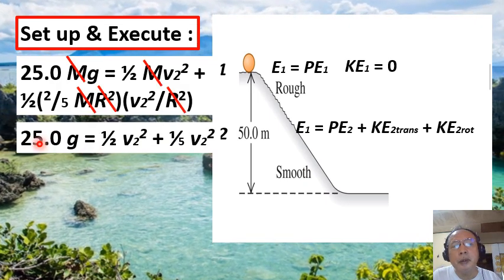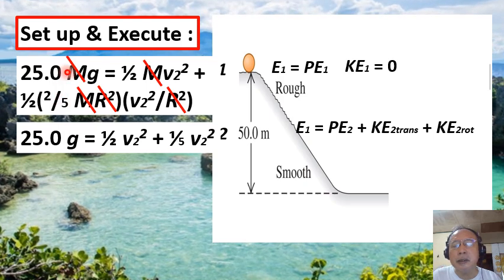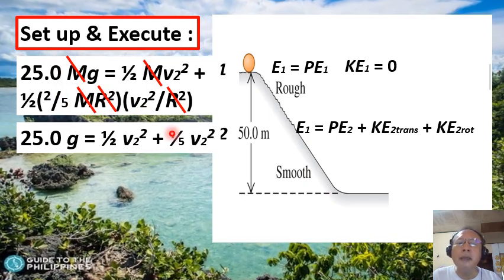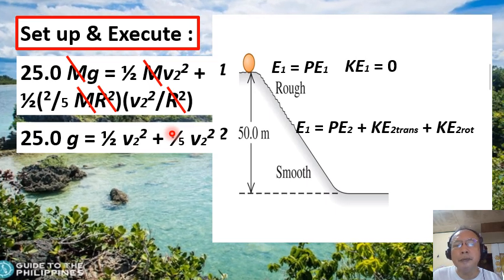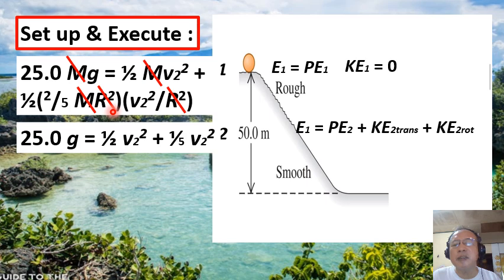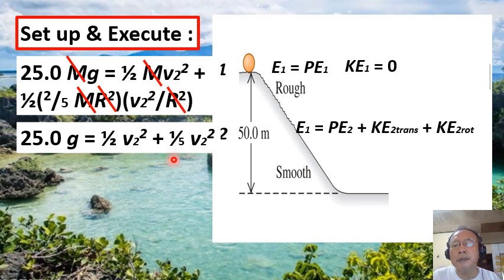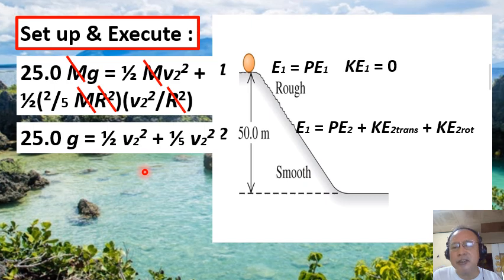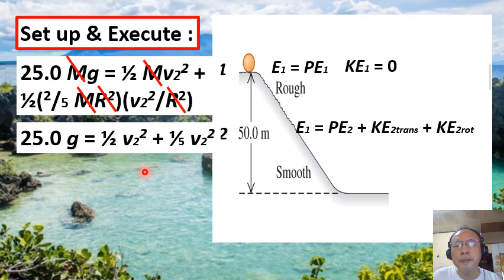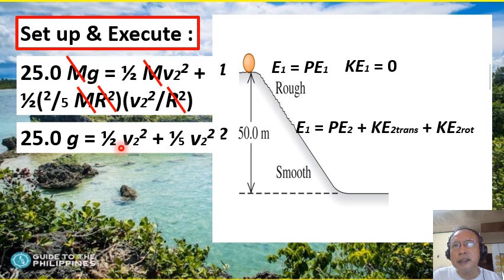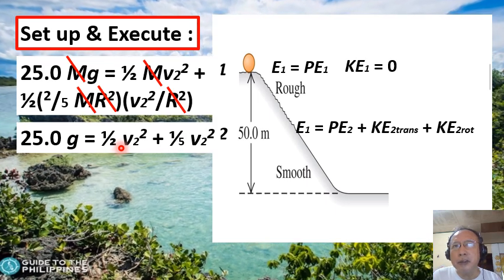and come up with this one. So we just cancel the mass, capital M, and also the R squared, or the square of the radius, capital R. So what does this mean? This means that regardless of the mass of the boulder, in other words, it doesn't really matter what the mass of the boulder is.